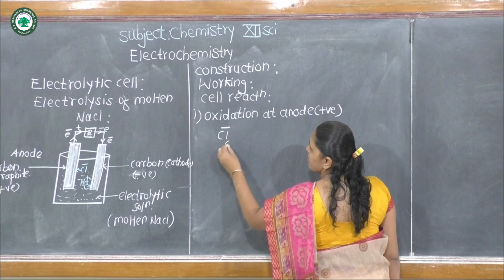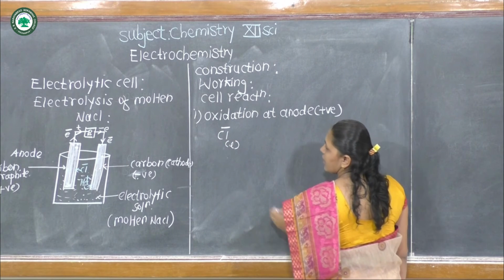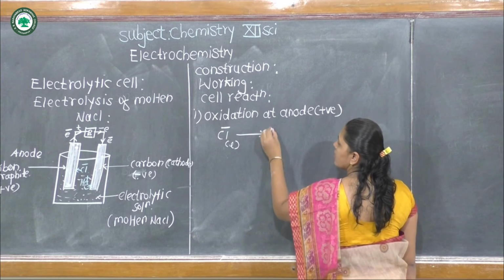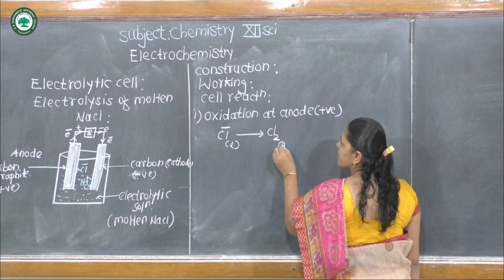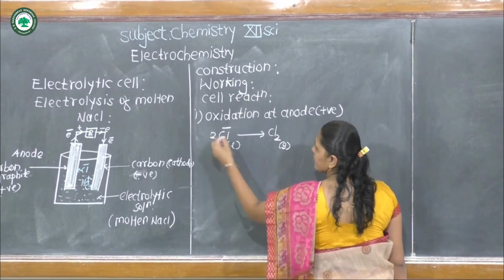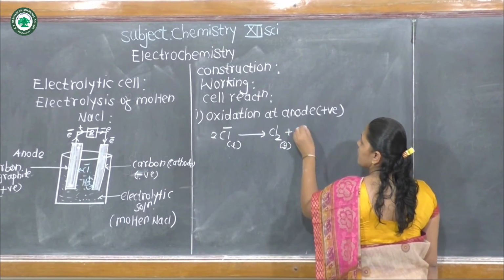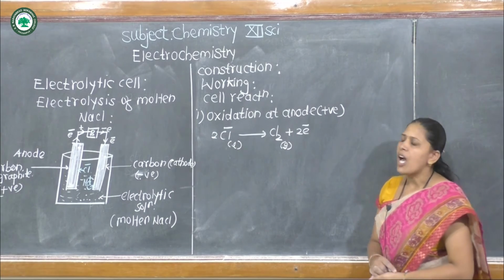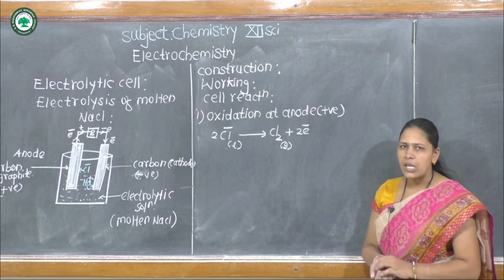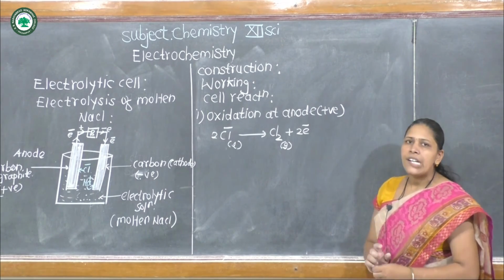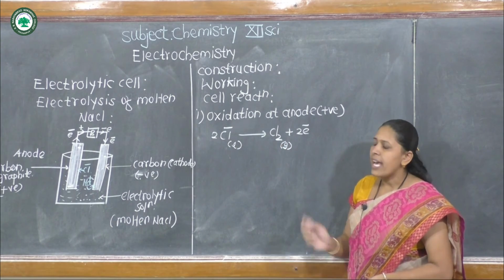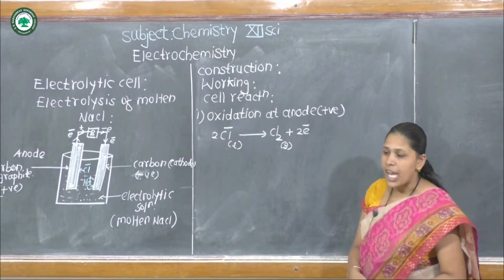Cl- ions in liquid state form chlorine gas by loss of 2 electrons. This is the oxidation half reaction at the anode. This reaction indicates that pale yellow chlorine gas is liberated at the anode.